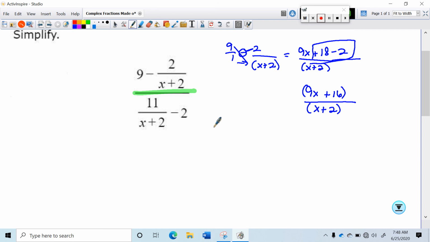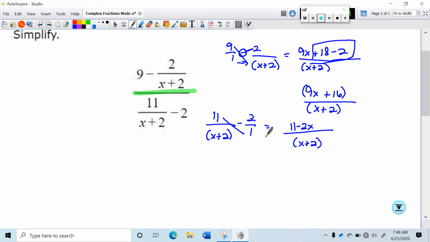Okay, in the denominator, I have 11 over x plus 2 minus 2 over 1. Multiply the bottom. X plus 2 times 1 is x plus 2. Cross multiply. 11 times 1 is 11. Negative 2 times x is negative 2x.